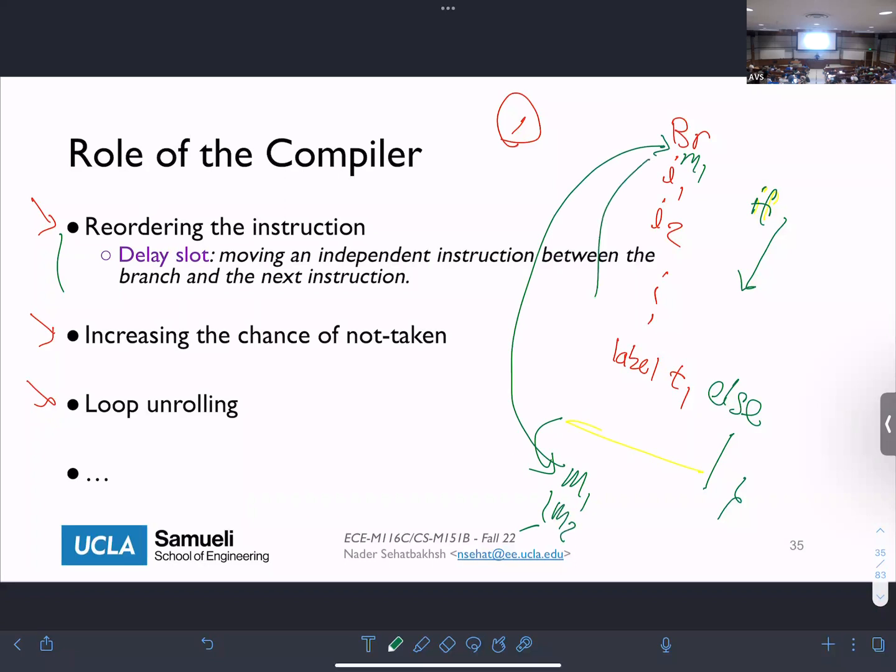By independent, I mean that the sources it uses haven't been written to by any of these instructions here. Then we completely solve the problem of branches, because even if there is a misprediction here, we don't need to flush anything because M1 is a legitimate instruction anyway. Whether this branch is taken or not taken, we don't need to flush M1 because M1 has to be executed at some point in the future anyway.